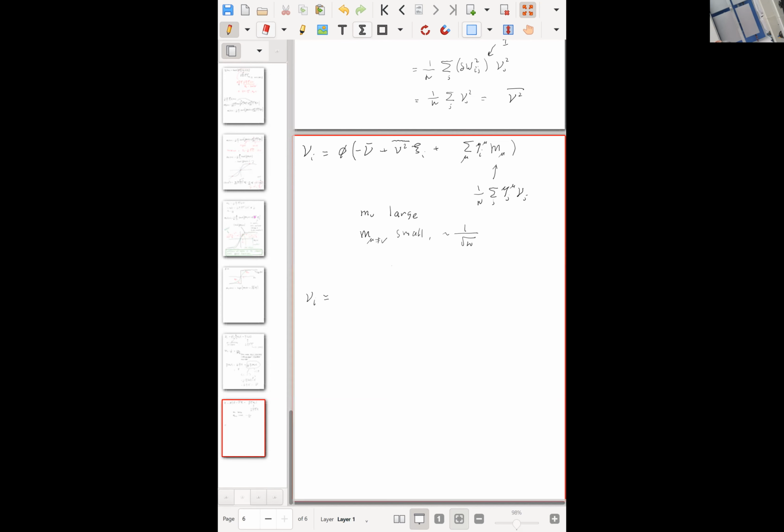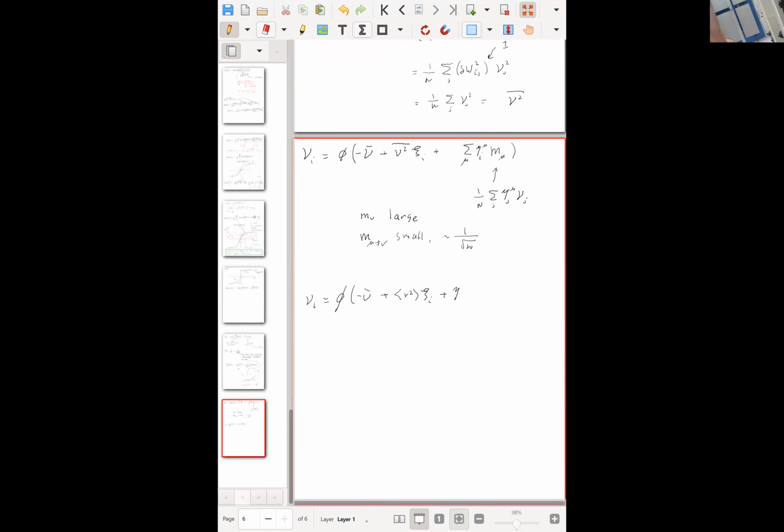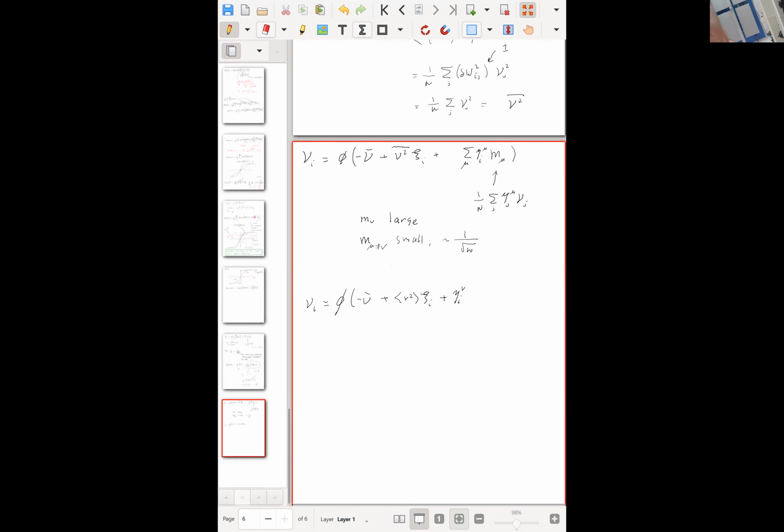This is the exact same calculation we just did: minus nu bar plus root nu squared bar squiggle i. And then we have plus eta i nu, m nu. And then we have plus root p minus 1 over n times another random variable, which I'll call squiggle ij.